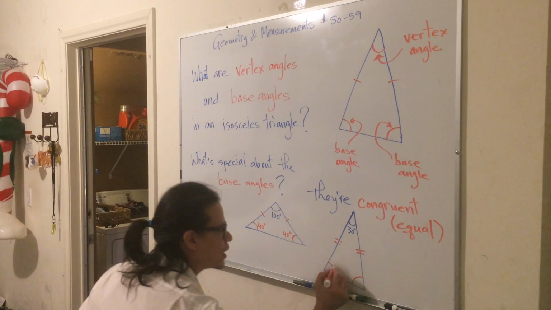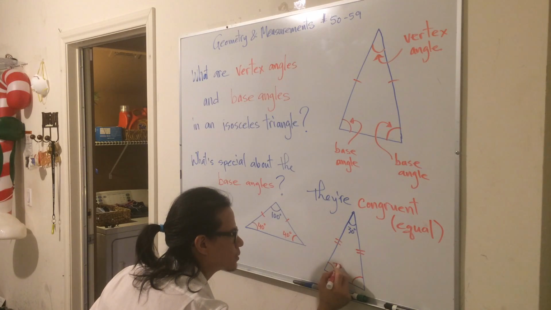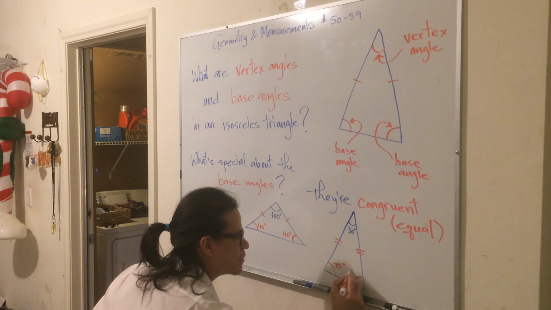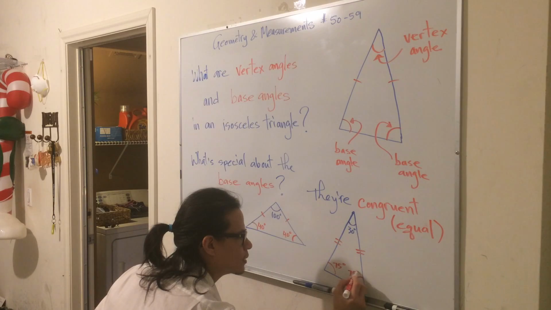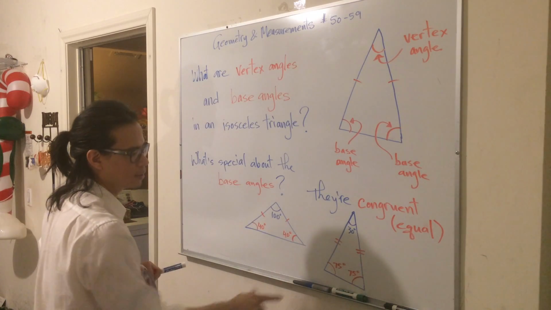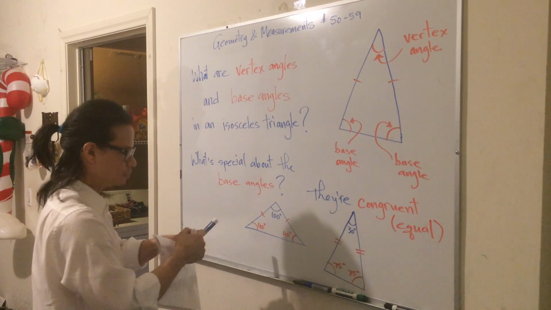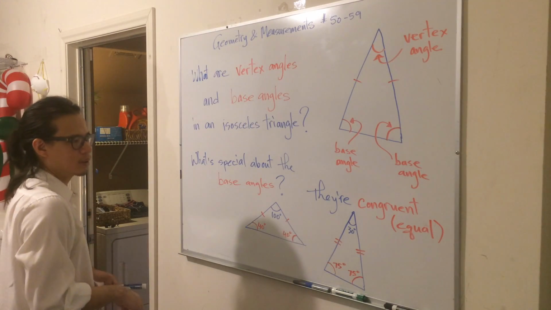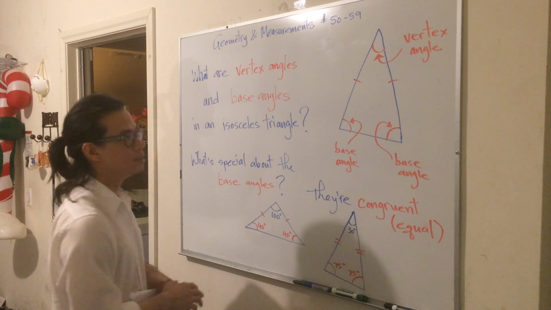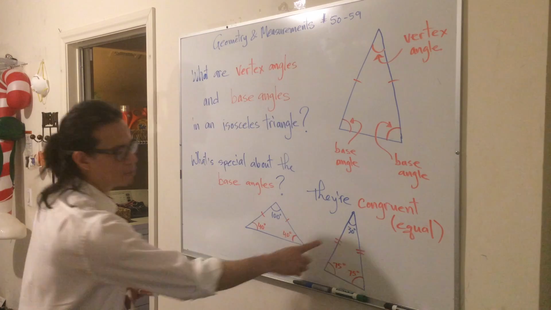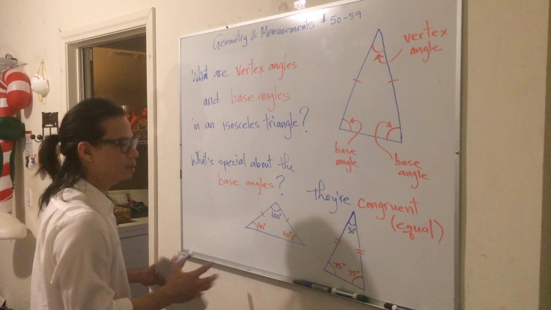If you say 75, you are correct. 75 plus 75 is 150, plus 30 gives us 180. And that is the sum of the measures in a triangle. It's 180.